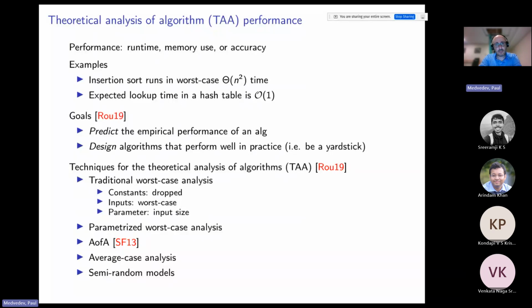So why do people do this? One, there's the field of computational complexity, which is built on this kind of analysis, and I think of that field as being more mathematical rather than applied in nature.